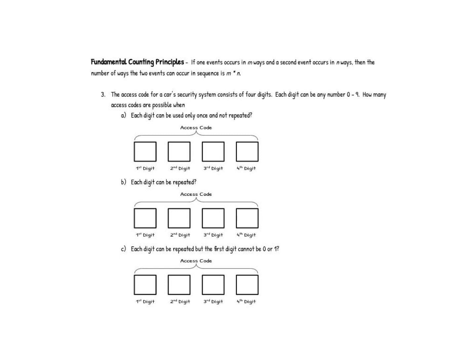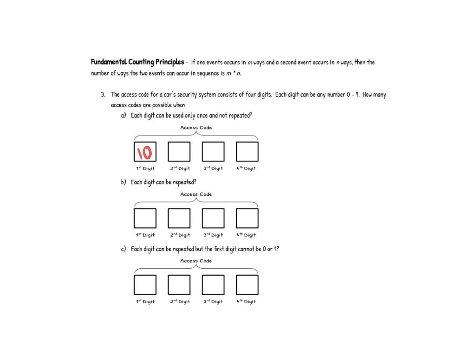So let's look at 3. The access code for a car security system consists of 4 digits. Each digit can be any number between 0 and 9. How many access codes are possible when each digit can only be used once and not repeated? So for A, the first digit can be any number between 0 and 9. That's 10 digits.